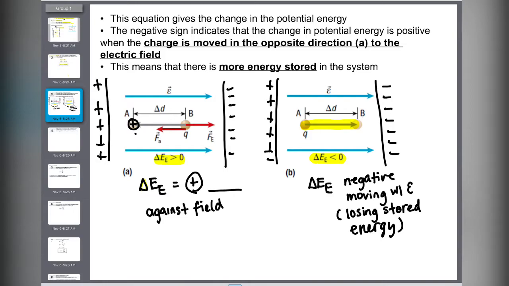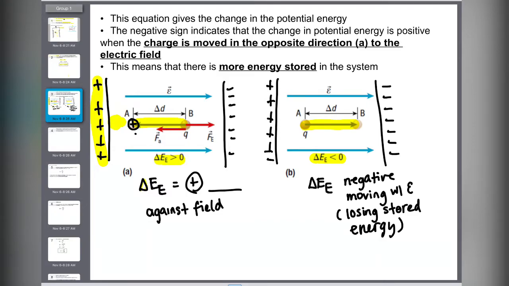Looking at the gray arrow again, if I keep moving it closer and closer to the positive plate, do you see how I'm storing more energy? Kind of like in a gravity sense, I'm storing more gravitational potential energy. By moving it towards the positive plate, I'm storing more electrical potential energy. So when I let go, this proton can go even further because the acceleration would be greater, caused by the greater work done.